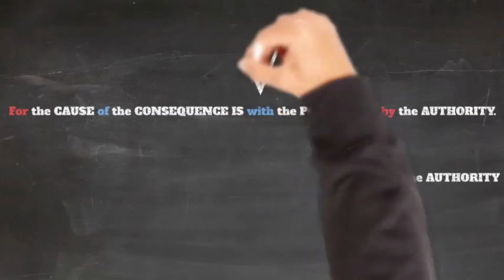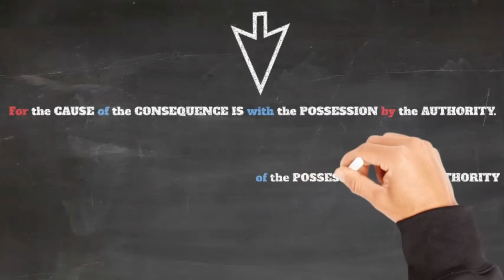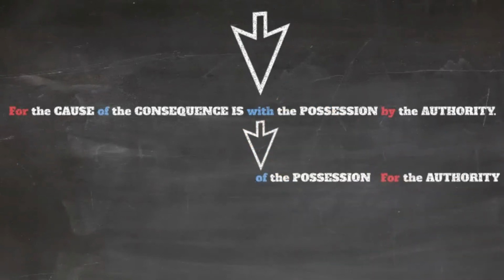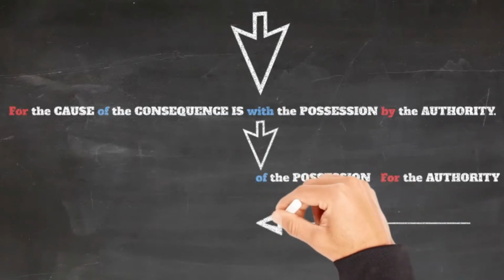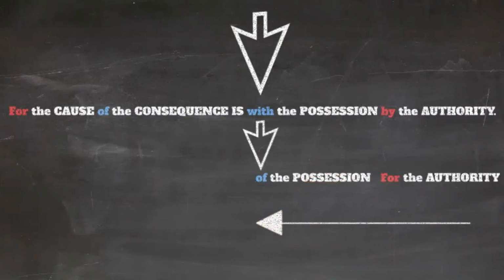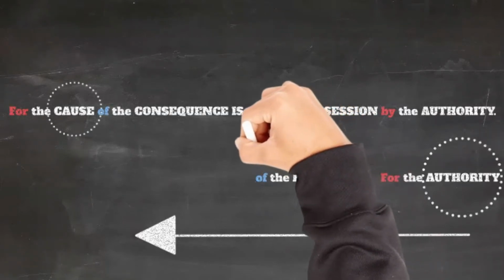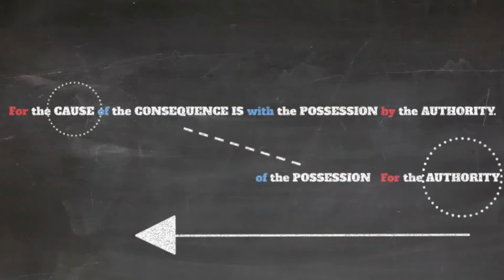Where it says with the possession, I can swap it out for of the possession, for the authority of the possession. Because I am reading it backwards, the authority becomes the cause and the possession becomes the consequence. Like I said, these things reflect each other.